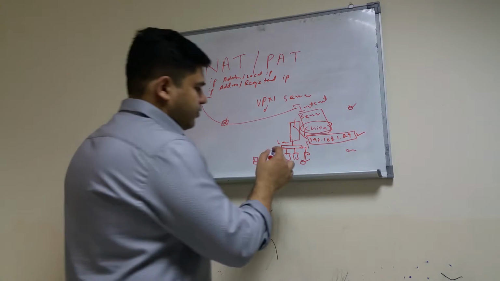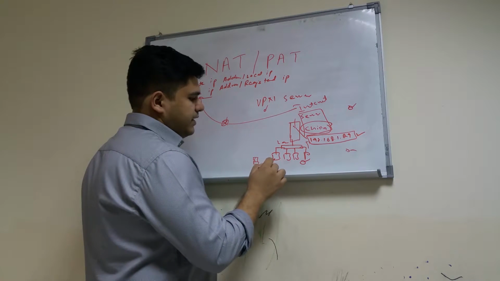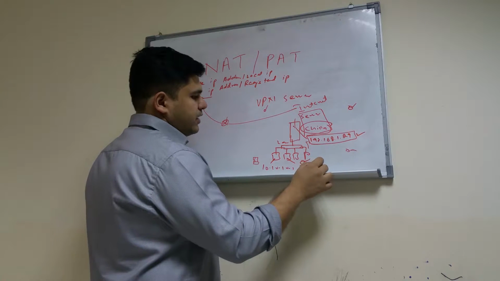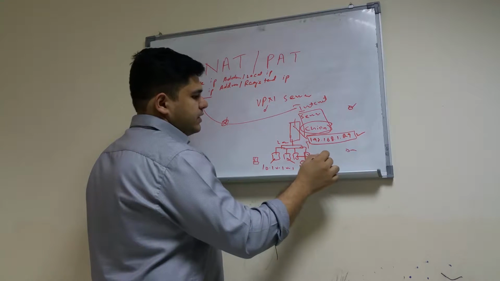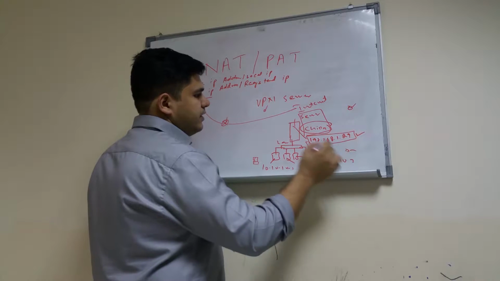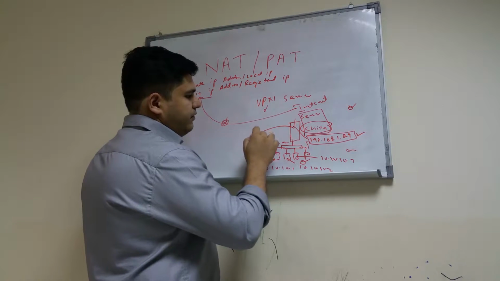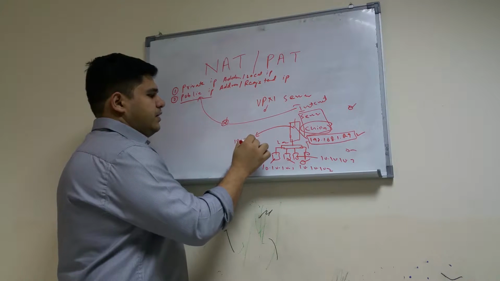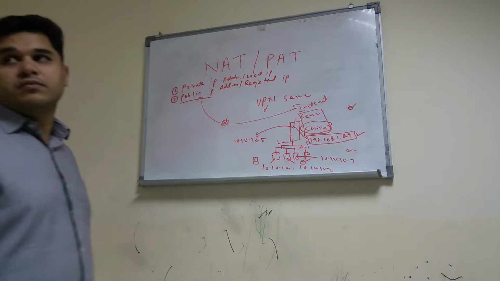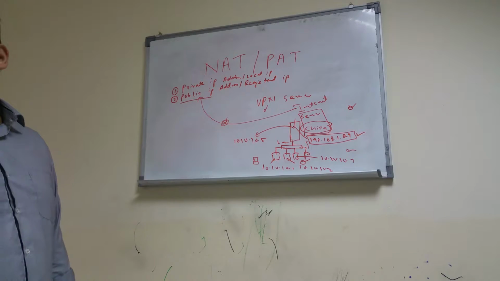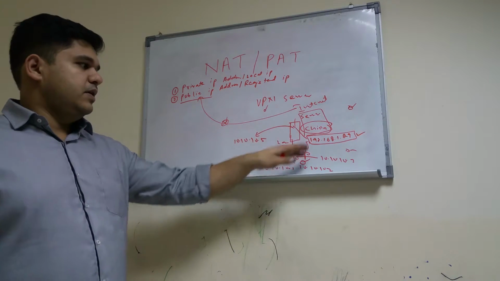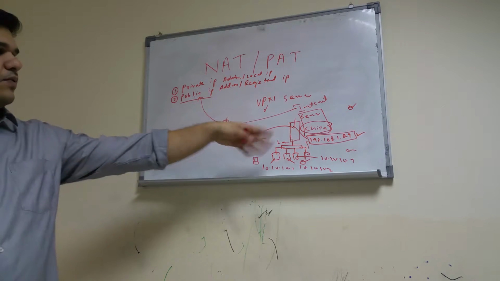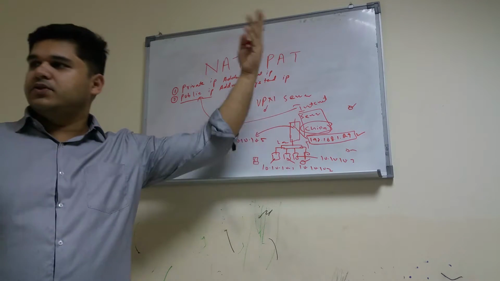Because suppose this system is using 10.10.10.1, this is using 10.10.10.2, and this is using 10.10.10.3. And this server, physically, is using suppose 10.10.10.5, for reaching this local area network, because this is the network of your head office in China.